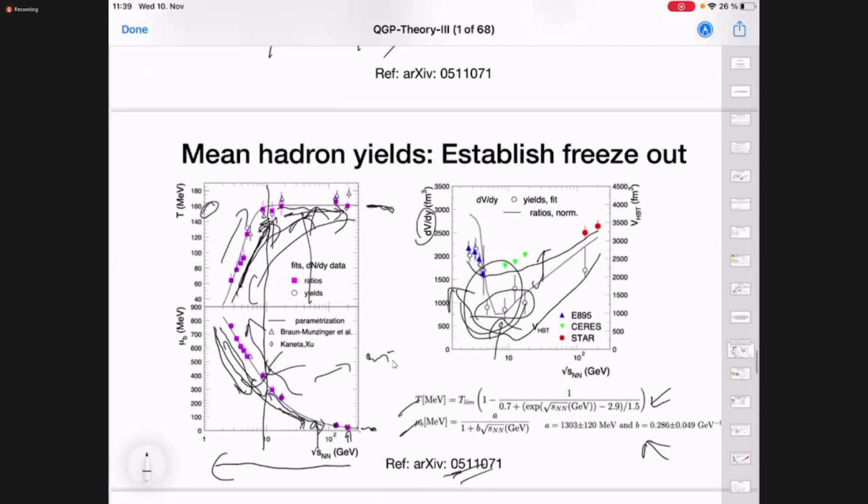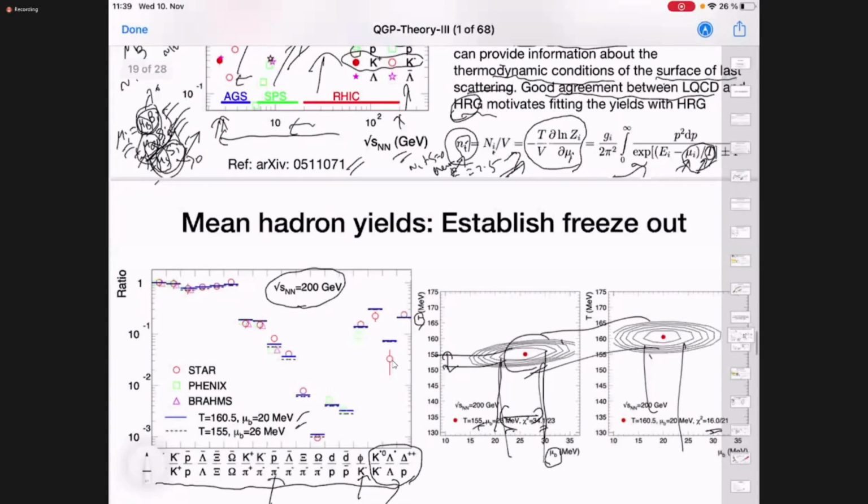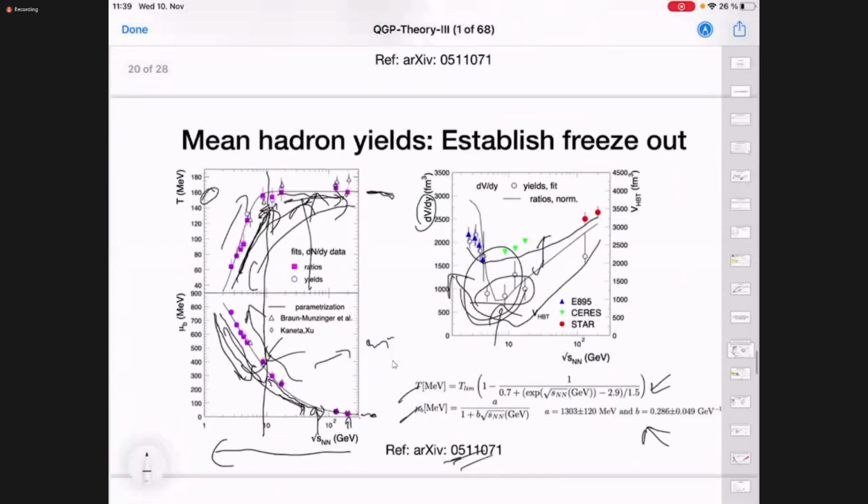Once you believe this, if you believe mu b is increasing, then you expect proton and antiproton to go oppositely, right?